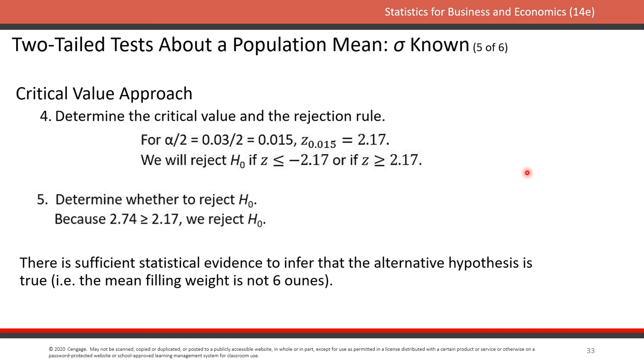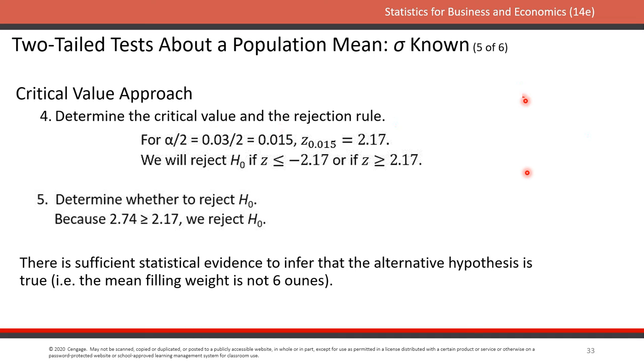All right, so for the critical value approach, again, we split our alpha. We dig through our table to find, okay, what z-score is going to give me an area of 0.015 above and below. Because we're using the normal distribution, nice and symmetric around 0, this is just going to be the positive and negative version of this cut score.